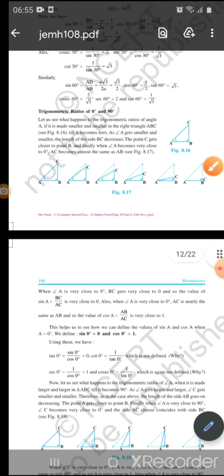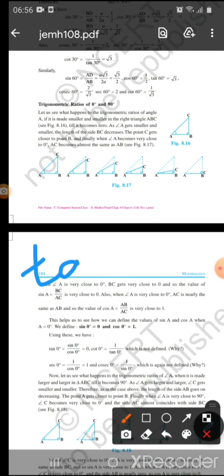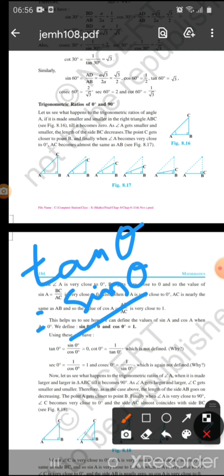Now what is tan theta? Sin theta upon cos theta. When I take tan 0, what is the value of sin 0? That was 0. What is the value of cos 0? 1.